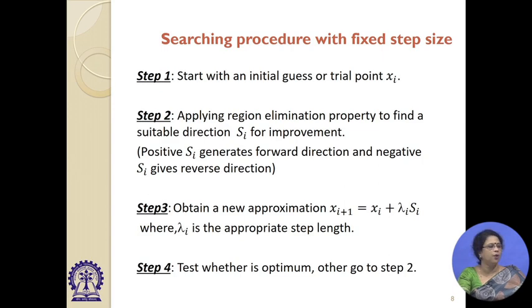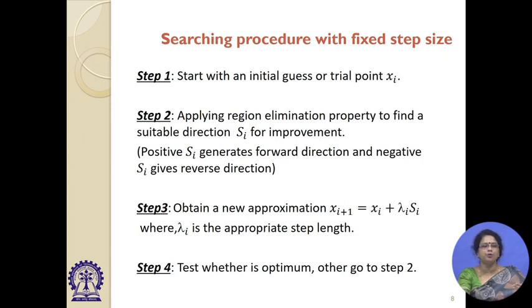I will jump with the fixed step size. If I move to the right with the step size lambda, I will move to x i plus lambda S i, or I will move to the left. In that way we will get a sequence x 0, x 1, x 2, x 3, x 4, and we will get the solution.